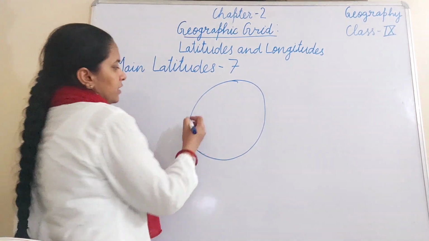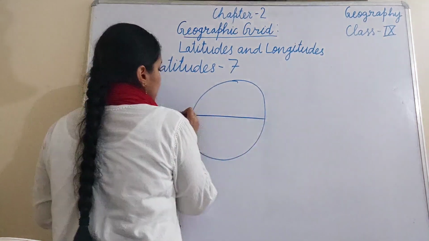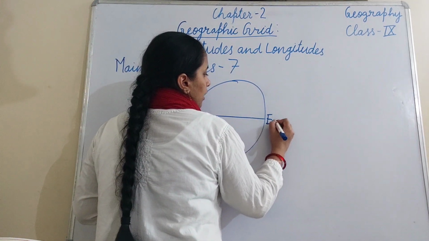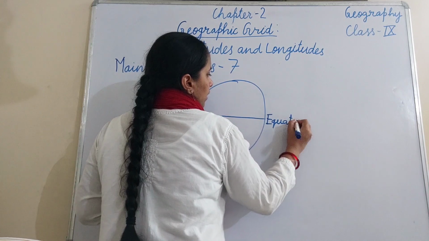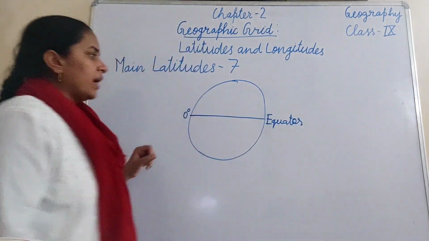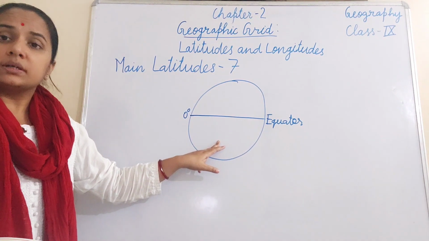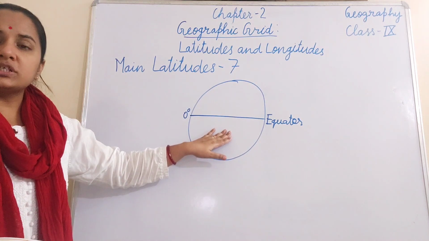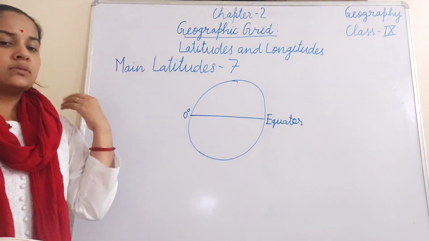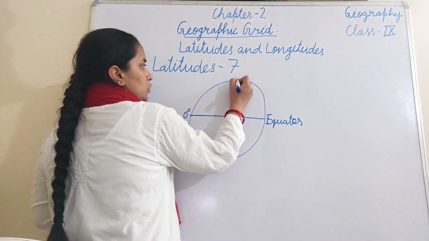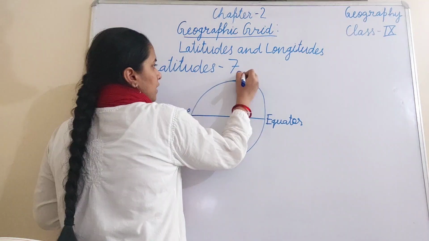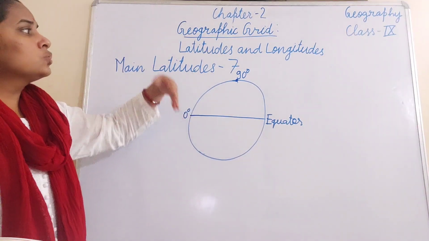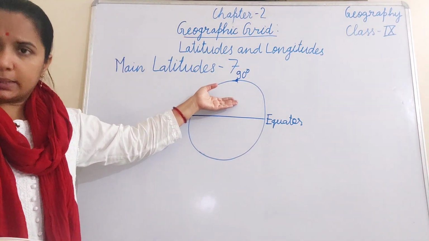Starting from the first, which we have already discussed, at 0 degree, this is the equator. This is the longest line of latitude. We also call it the Great Circle. The next one is the North Pole, which is at an angle of 90 degree, located to the north of the equator.